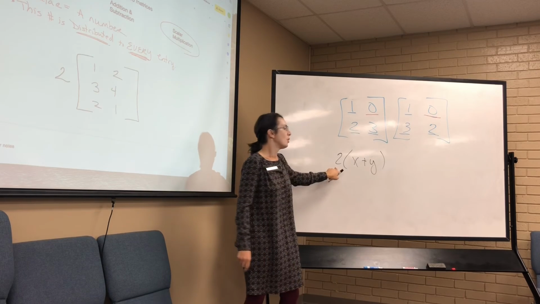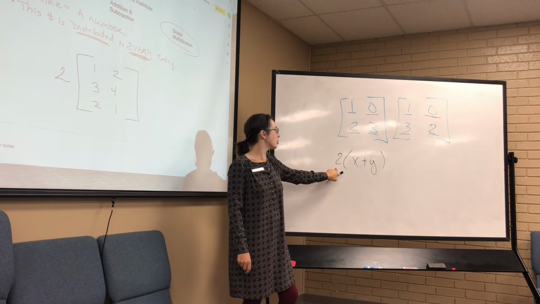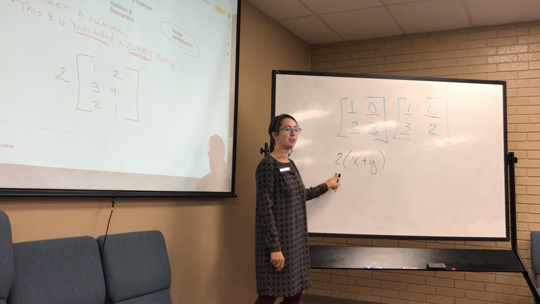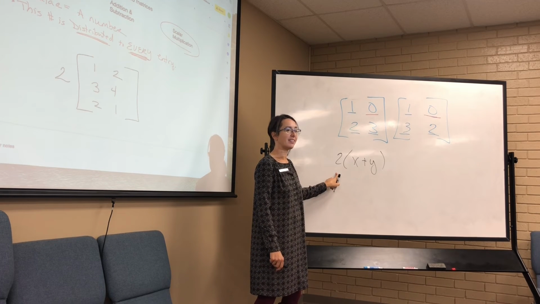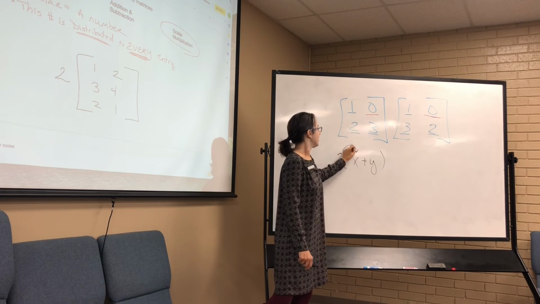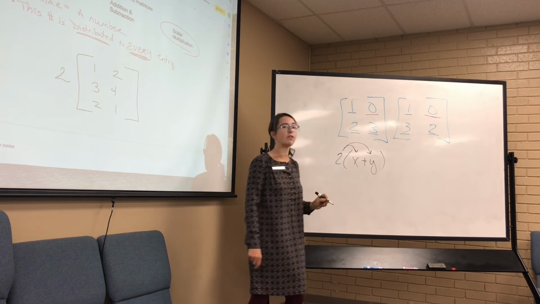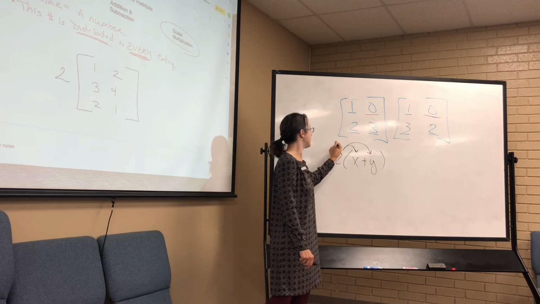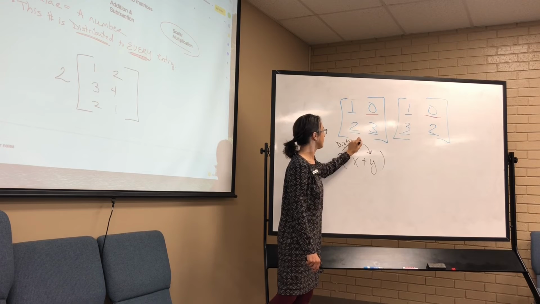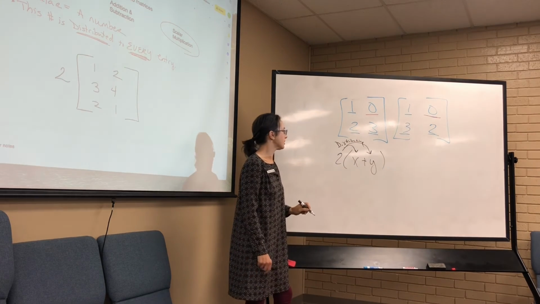Okay? What did we call this when we did 2 on the outside of parentheses, x plus y? What does this 2 do? You multiply it. Yes, you multiply it to every part. It gets distributed across.